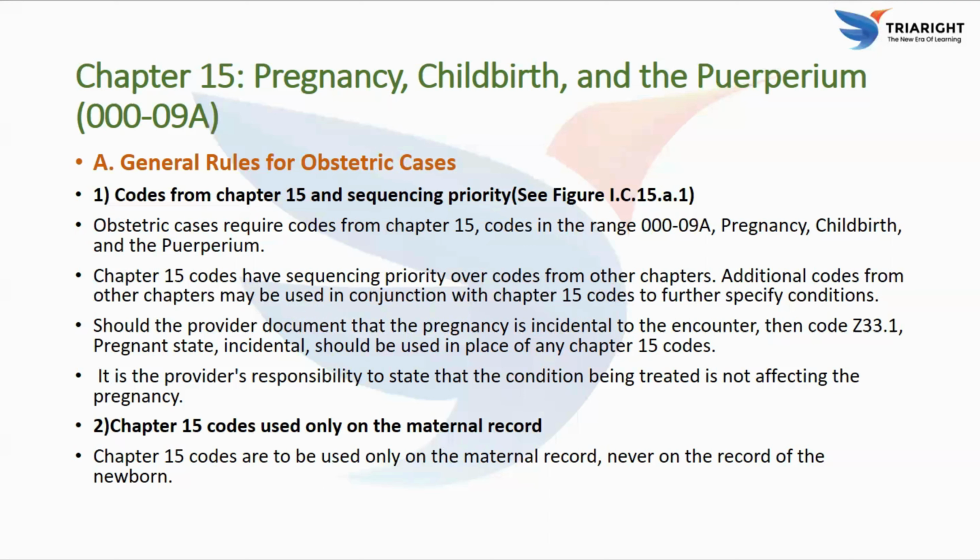In another example, if a pregnant woman is treated for a cold or flu and the doctor states pregnancy is not affecting the treatment, you assign code Z33.1, pregnant state incidental, followed by the cold or flu code. This is how you prioritize the chapter 15 codes.